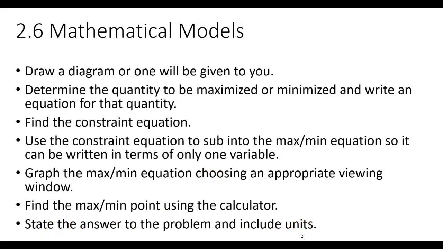The easiest way to do units at the end is if you're talking about a distance, that's going to be a unit to the first degree. So that would be something like centimeters or miles. If it's an area, like the area of a square or area of a circle, your units are going to be squared. So it could be centimeters squared, or again, miles squared.